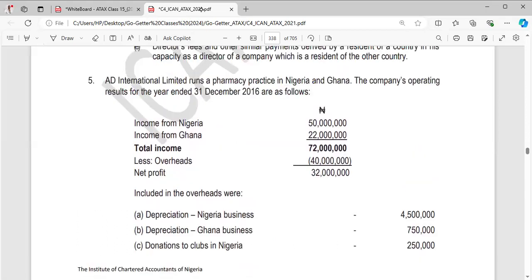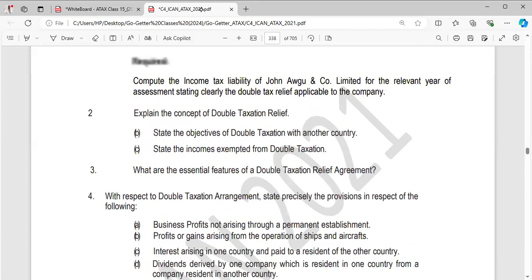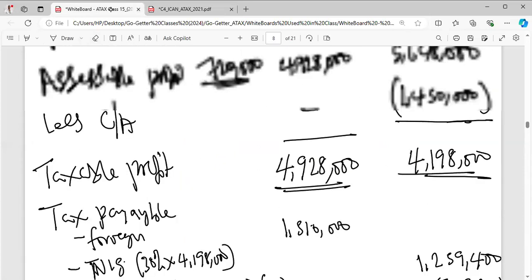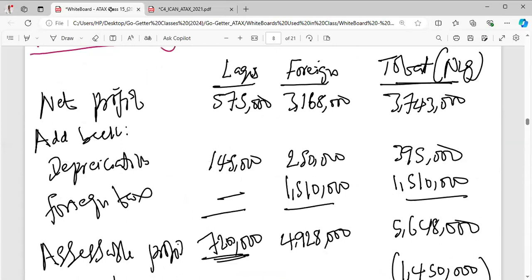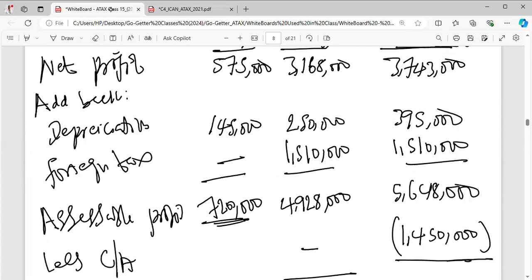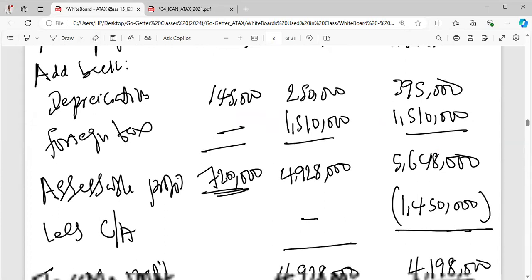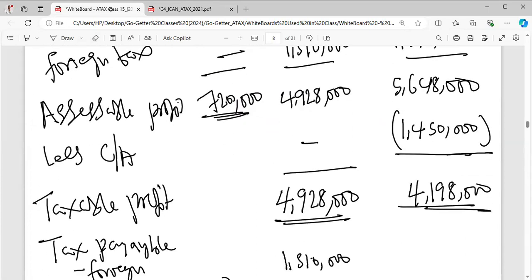Take note here that I don't know if I added back the miscellaneous expenses. I didn't add them. So just in case you see a different solution from the ICAN pack, they added it back, then that's it, but it's not going to be materially different. Since they didn't mention miscellaneous expenses in the notes as being disallowed, one school of thought might not disallow it.